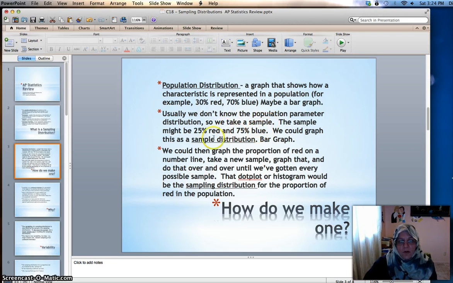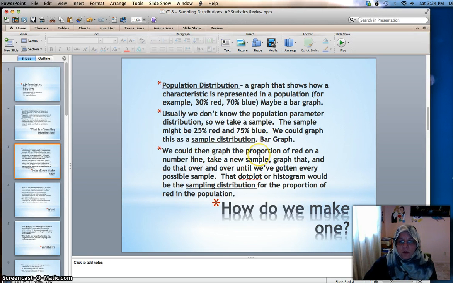The graph of the results in the sample would be a sample distribution. And so that might say that in our sample, 30% liked red, or 28% liked red as their favorite, and 32% had blue as their favorite, so on and so forth. That could be a bar graph or a circle pie chart depending on what you're measuring.